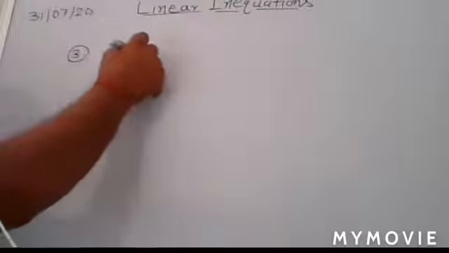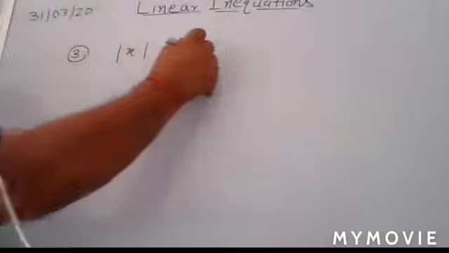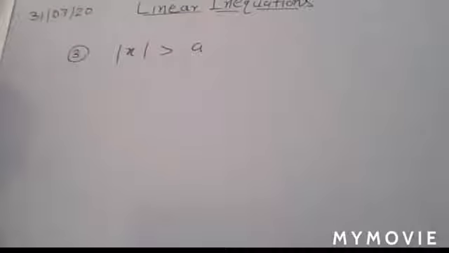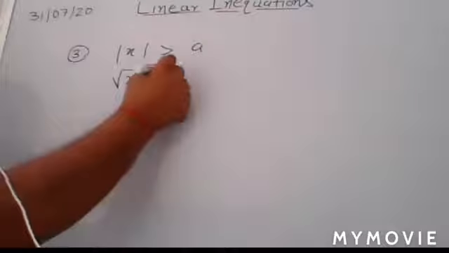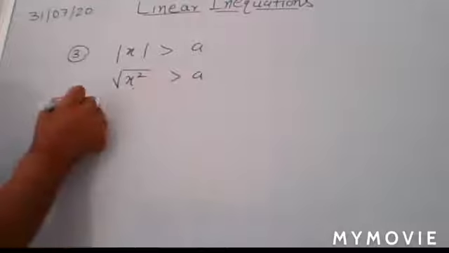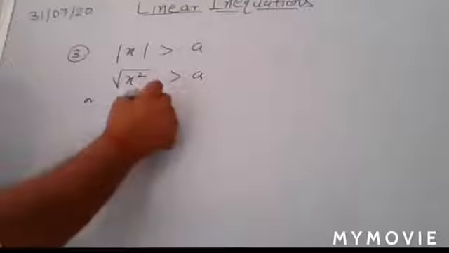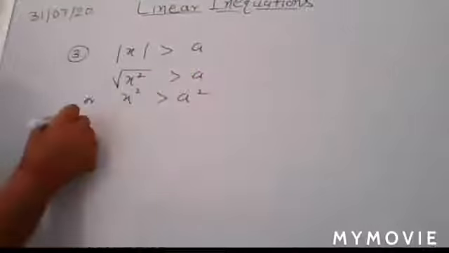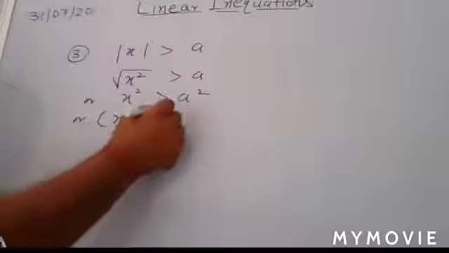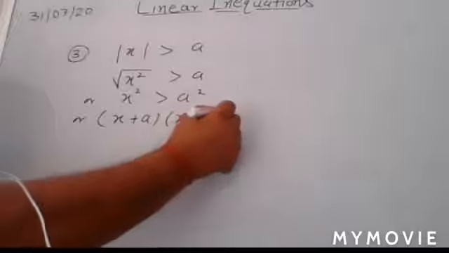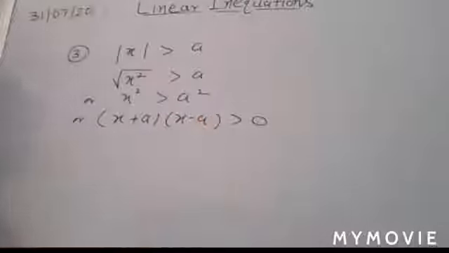Mod of x is greater than a. So in that case, that can be written as under root x square greater than a, or x square greater than a square, or if you factorize it, you have x plus a into x minus a greater than 0.